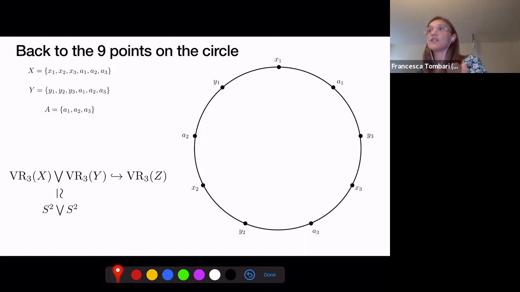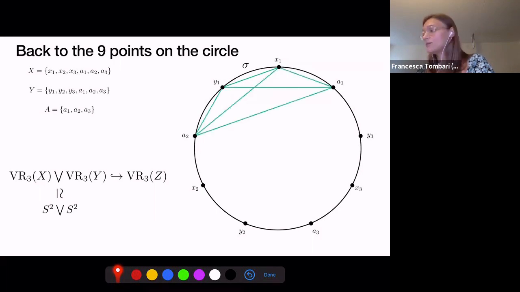But now the theorem that we've just seen says that, in order to understand this inclusion map better, we have to look at obstruction complexes associated to simplices like this one in the picture, which is in K minus P, as I defined, because it has 1 vertex in X, 1 vertex in Y, and no vertices in the intersection A. So if we draw its obstruction complex, we see that it coincides with this 1-simplex A1, A2, which turns out to be contractible.